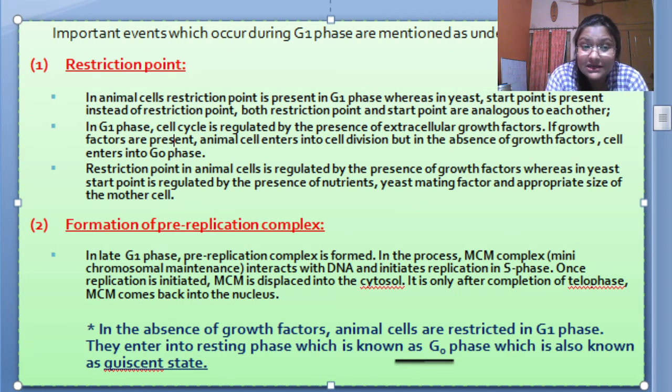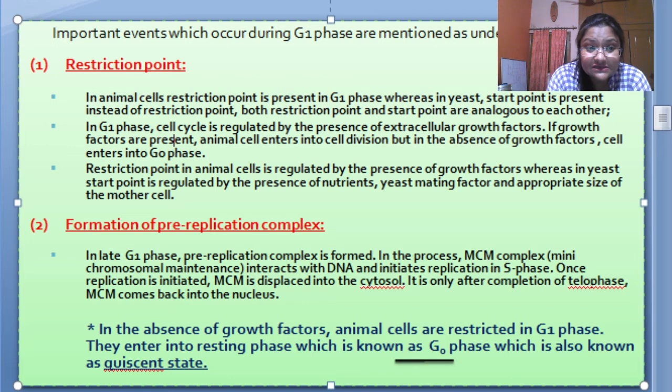So the pre-replication complex, like loading of helicase and helicase loader, arrives near DNA in the G1 phase itself. So the pre-replication complex does not form in S phase. It is formed in the G1 phase itself.